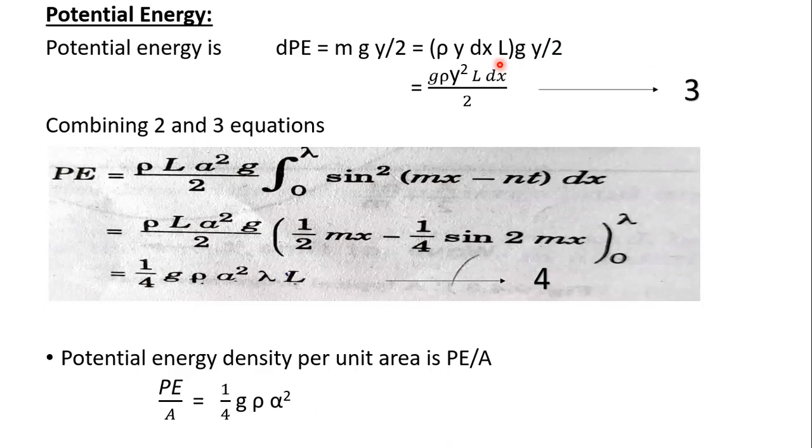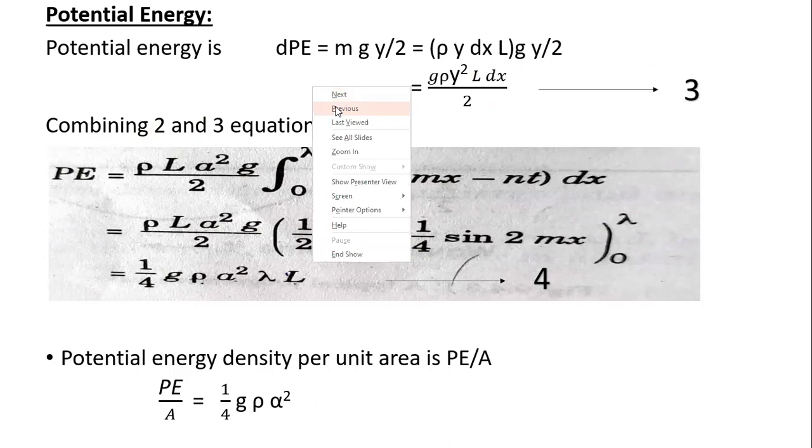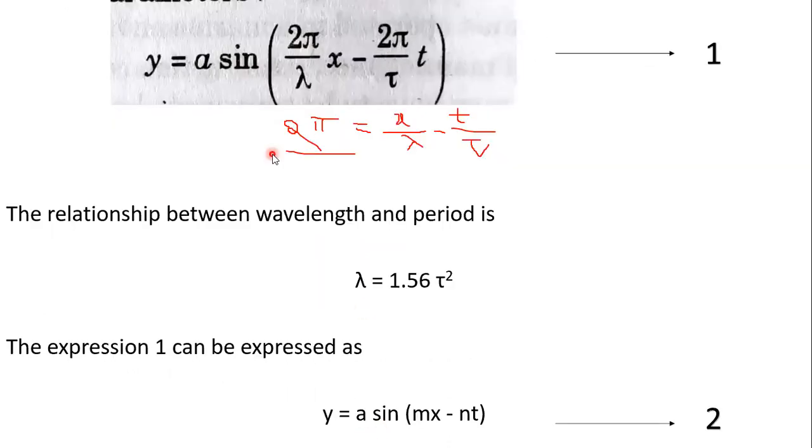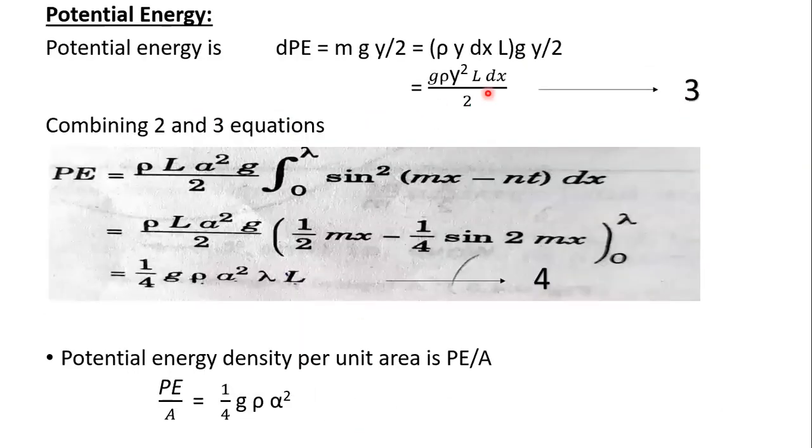Okay, these are the abbreviations, and if you combine these second and third equations, the second equation is this one, and the third equation is this one. If you combine both, what will we get? Pe is equal to rho L a square g by 2, integration from 0 to lambda of sine square (mx minus nt) dx.